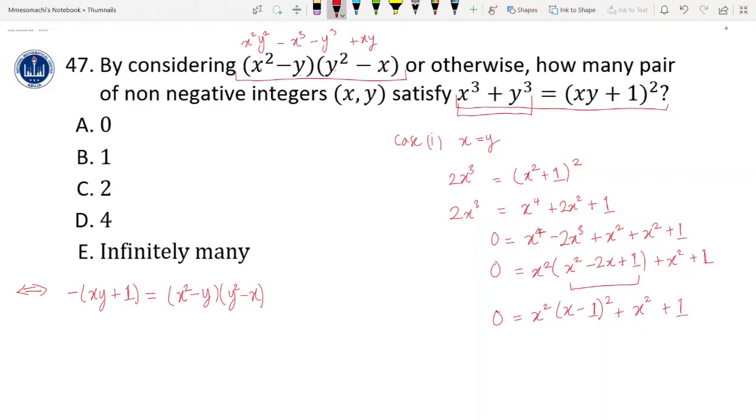So this whole first term here is a perfect square, and so it's greater than or equal to 0. This here is also greater than or equal to 0. So this whole expression is greater than or equal to 1, because we have 1 at the end. So I have 0 greater than or equal to 1, which is a contradiction. So it means x and y are not equal.